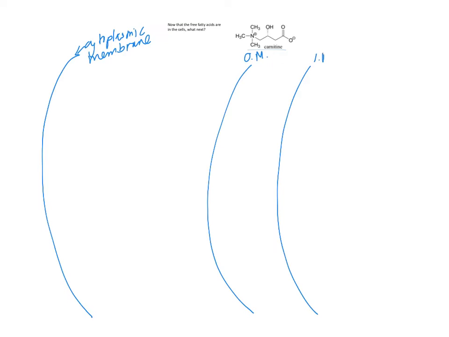This is the inner membrane, I-N-N-E-R. This is the matrix of the mitochondria, and this is the inter, with a T, membrane space. And then this is the cytosol. And again, we make this the blood.